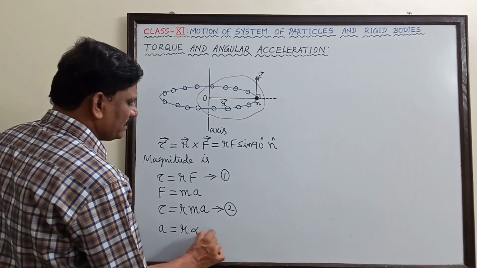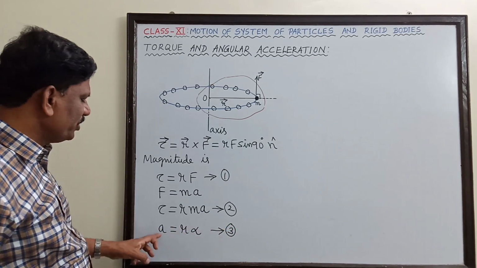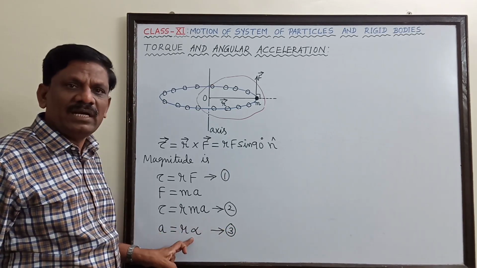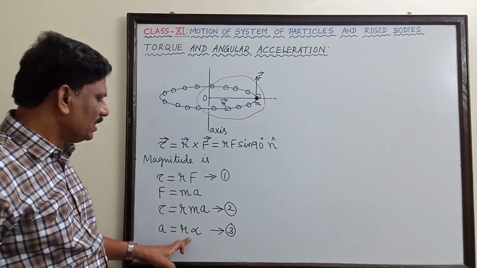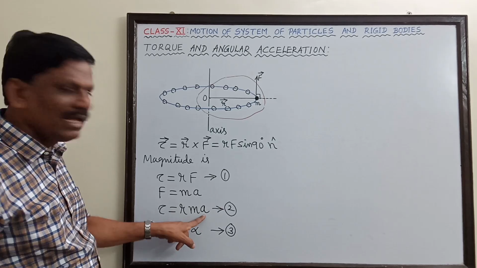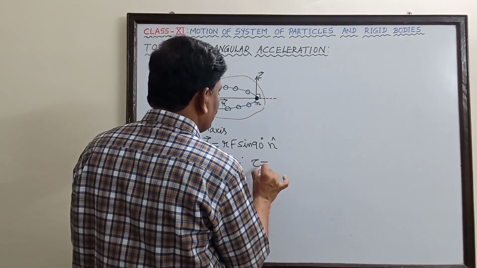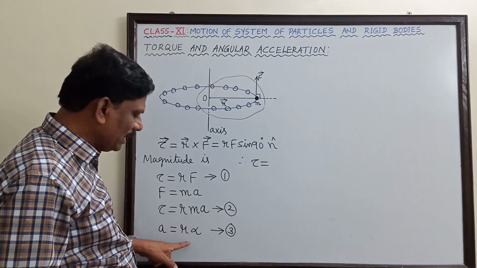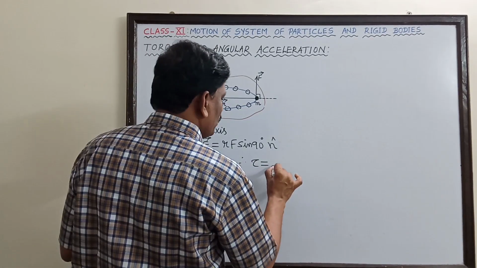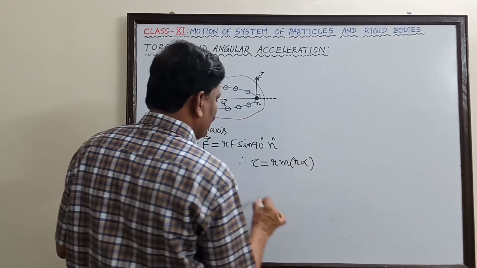Step number 3 is the relationship between linear acceleration and angular acceleration, a equal to r alpha. If I substitute this, the magnitude of the torque tau is now equal to r into m into r alpha.